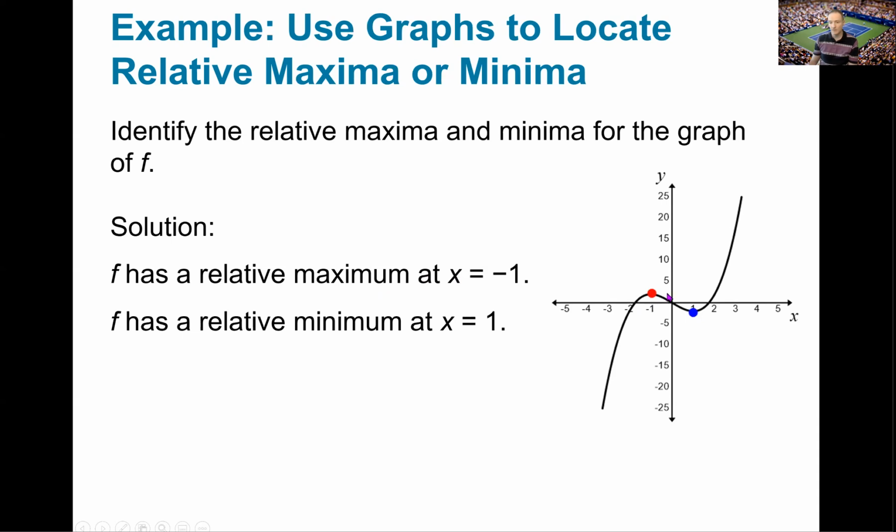We don't know the specific y value, so we just give the location of the maximum at -1. And then we can say f has a relative minimum at x equals 1, because at x equals 1, f of 1 is lower than any point immediately to its left or right. So we can have a relative minimum there.